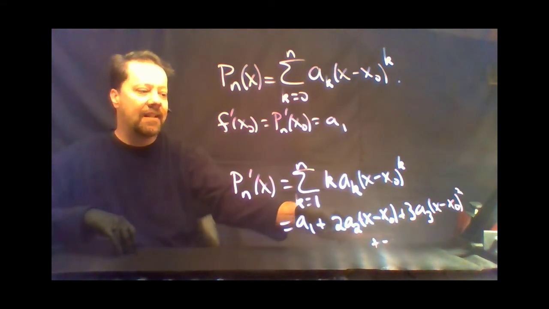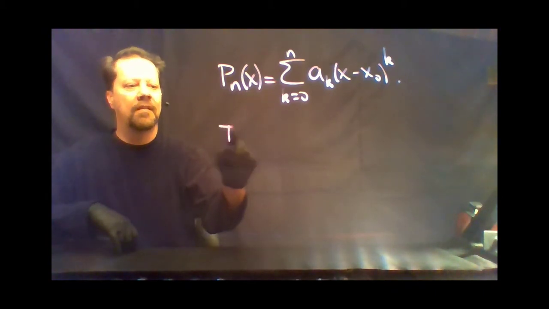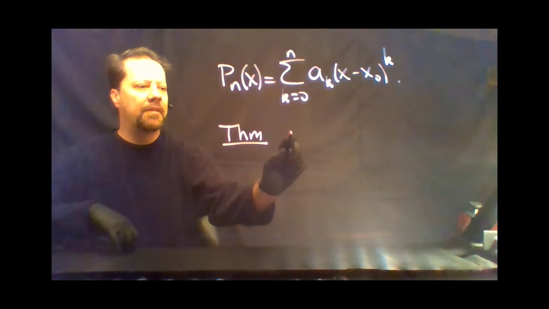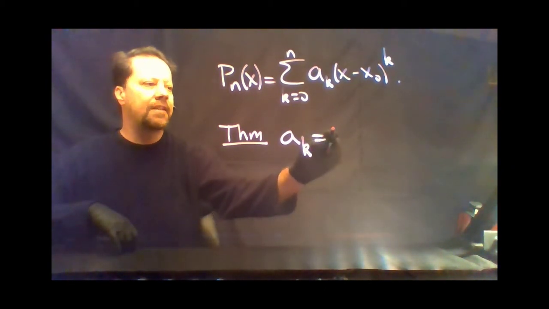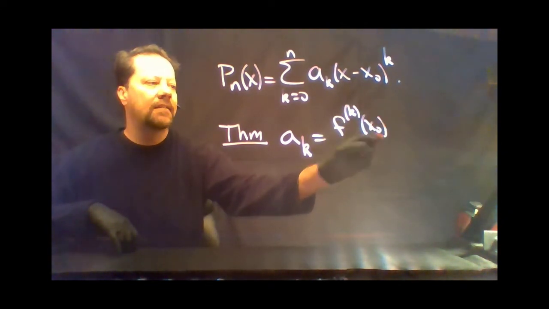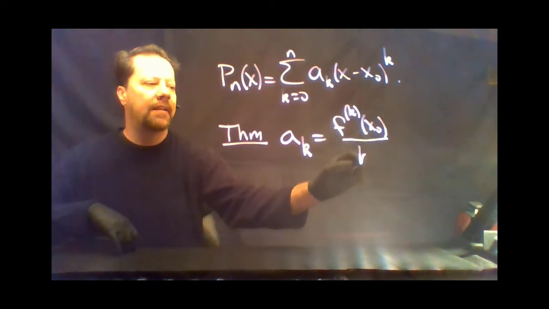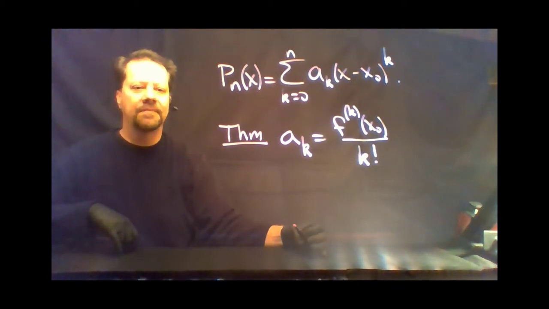Pretty easy to see that on the next derivative we're going to get twice a2 equal to f double prime at x0. As a bit of a theorem, I claim that the kth coefficient is in fact the kth derivative at x0 divided by not k but k factorial.